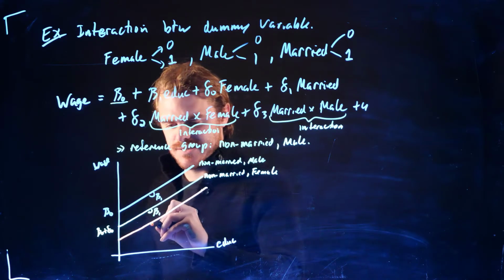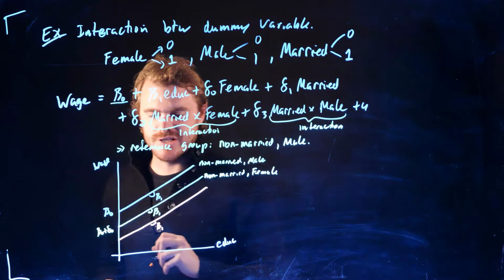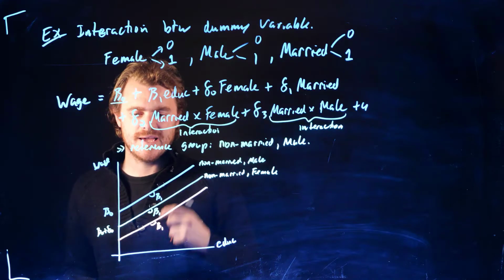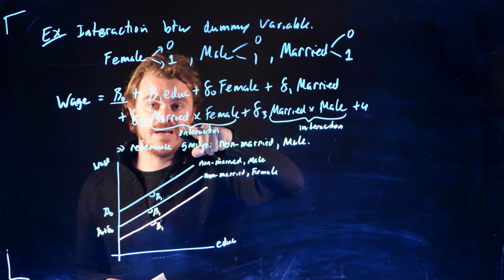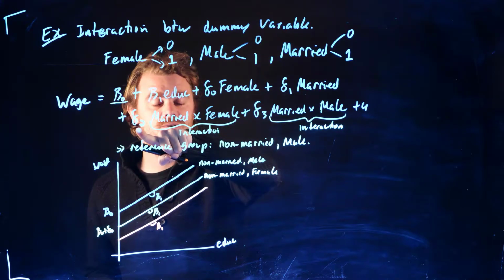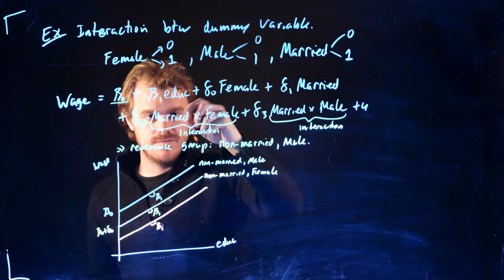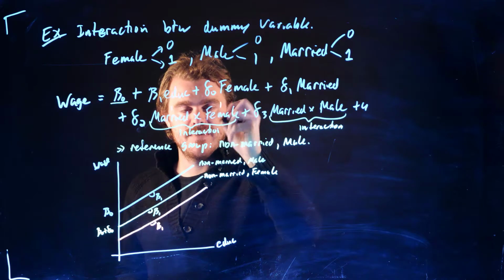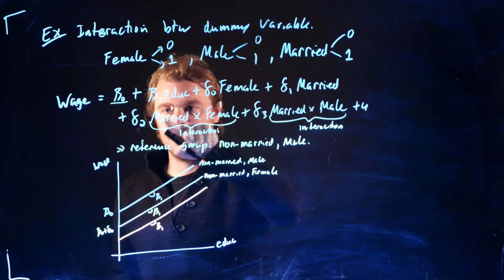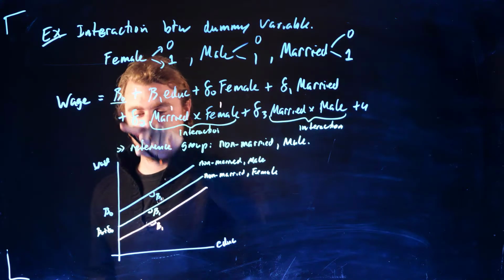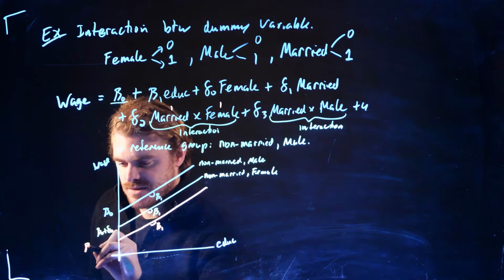Let's say this is the regression line. It's going to have the same slope. Let's say delta 2 is negative, which means, if you're married and female, these are both going to equal 1. And so this is going to be part of your intercept.